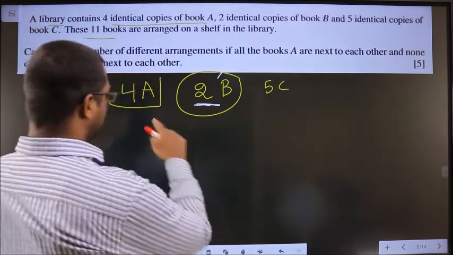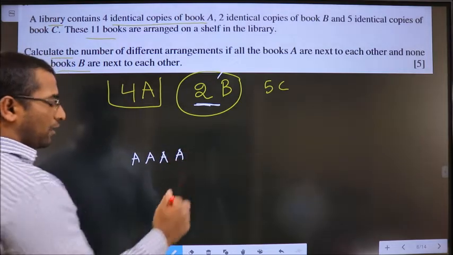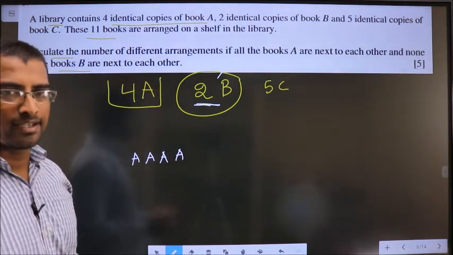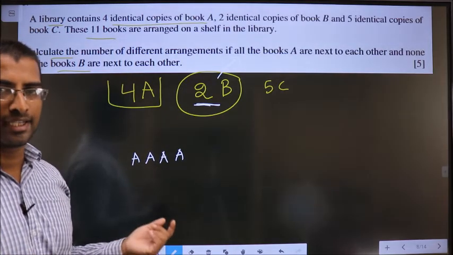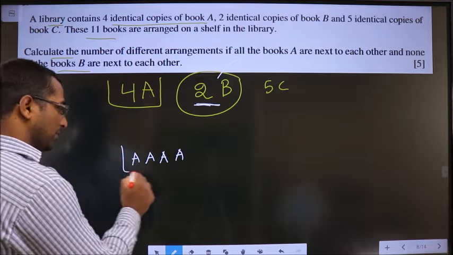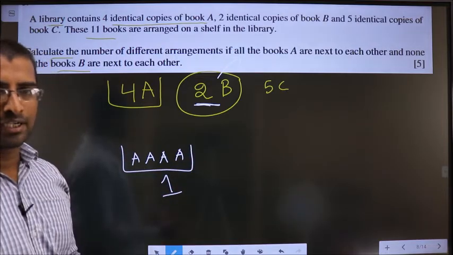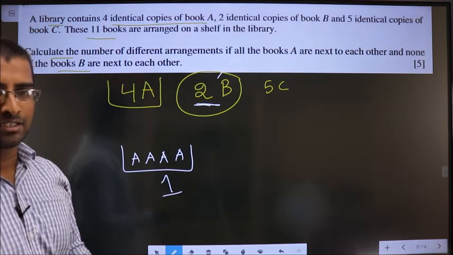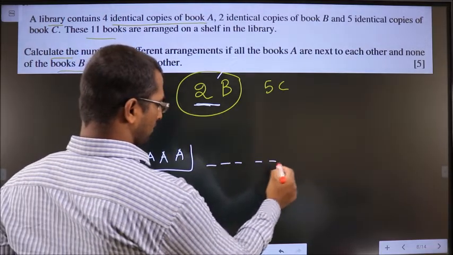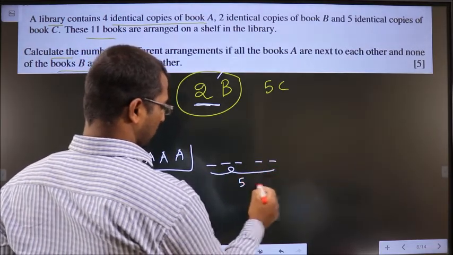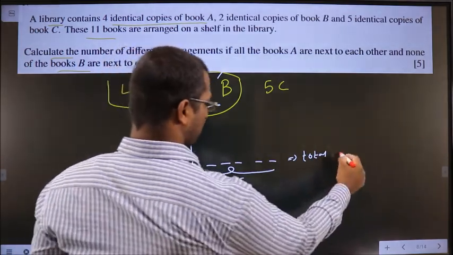Remaining are 5 C's and 4 A's. And one more condition is that these 4 A's should be together at all times. How do I make sure that they are together? By considering them to be one unit. If I consider them to be one unit, only then I can be sure that they are always together. And 5 C's. So total is 1 plus 5, 6.